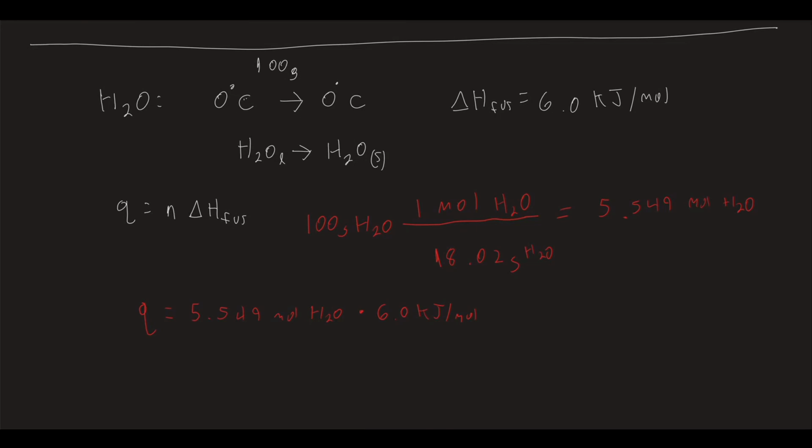And we see that moles cancel out, leaving us with kilojoules. Punching this in the calculator, 5.549 times 6 is 33.294.